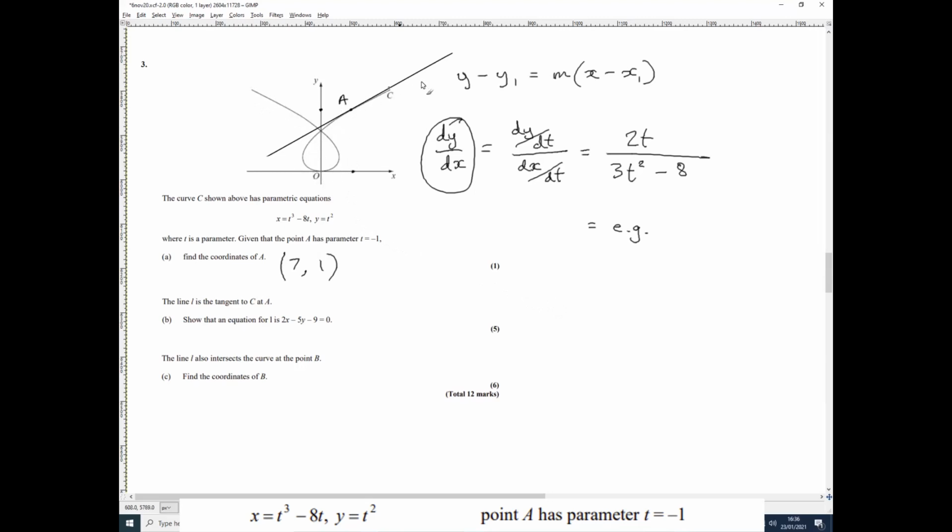But m was a bit more specific, wasn't it? So it's when t equals minus 1. So you substitute minus 1. Then we get minus 2 over 3 minus 8, which is minus 5.